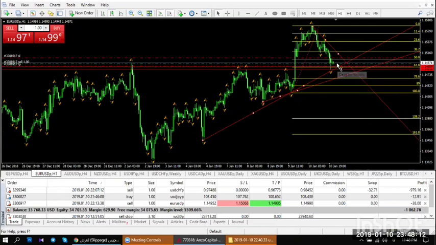So you have started selling exactly at the points when we have an uptrend.